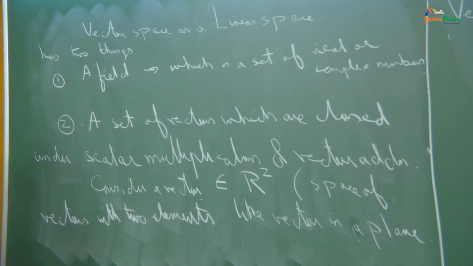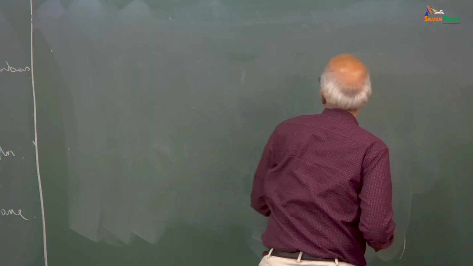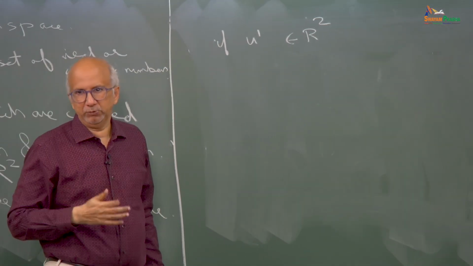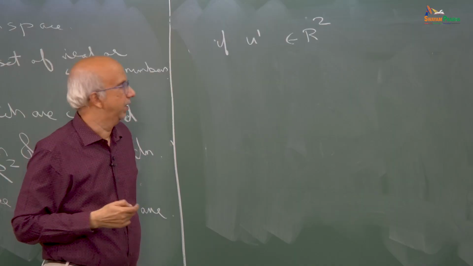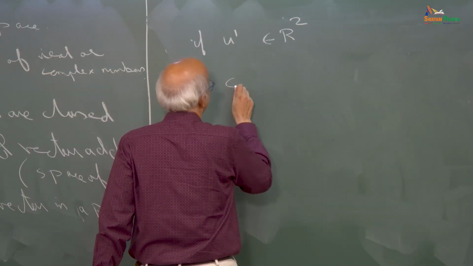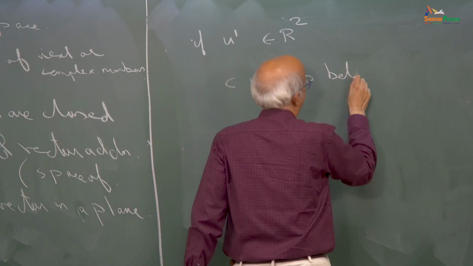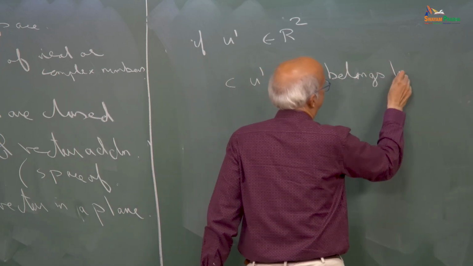space. I mean, you can extend this to 3-dimensional, 4-dimensional. So, basically what I am saying is, if U1 belongs to R2, U1 is just some vector, the superscript is just some U1, U2, U1 is one vector, U2 is another vector. Then C multiplied by U1 also belongs to R2.